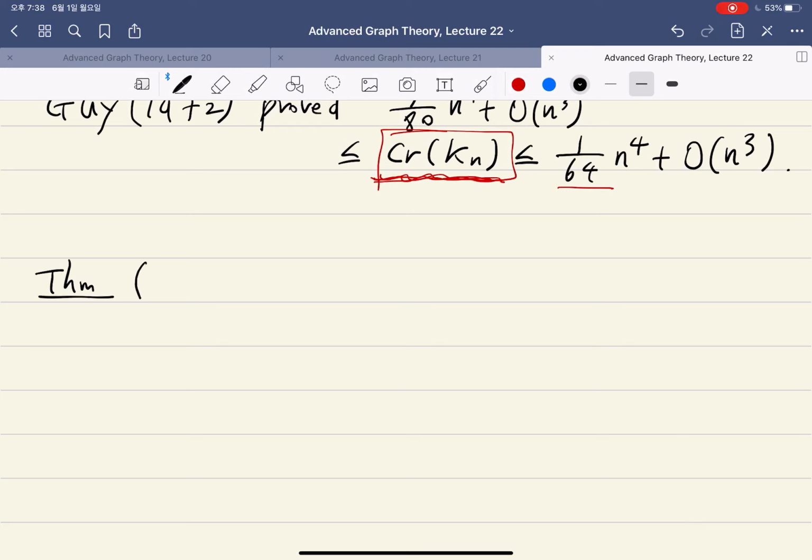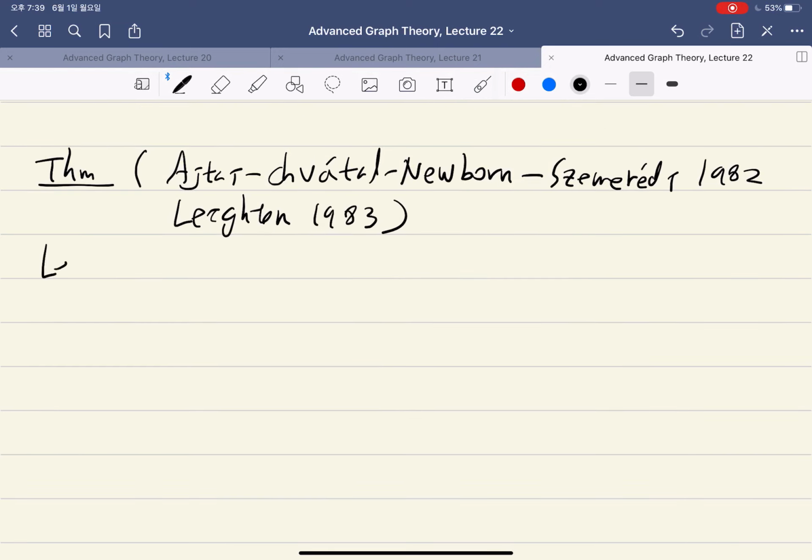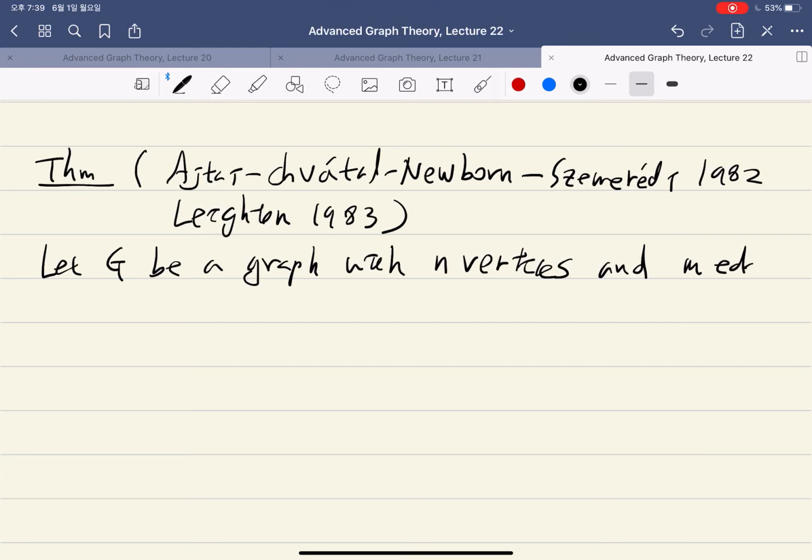For non-complete graphs, we can still prove quite a good bound, which was proven by these people. So when G is given, it has n vertices and m edges.